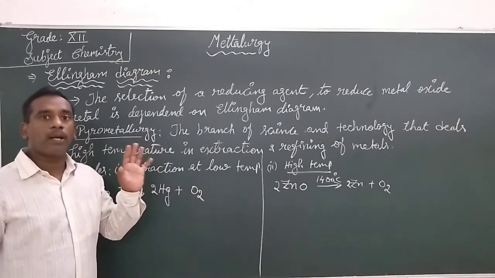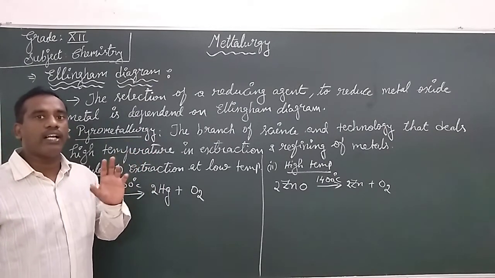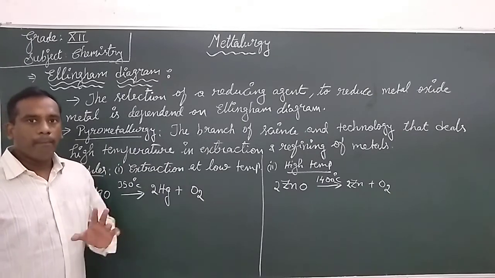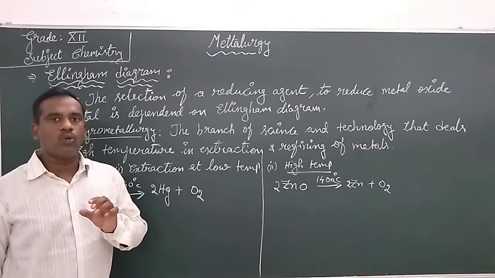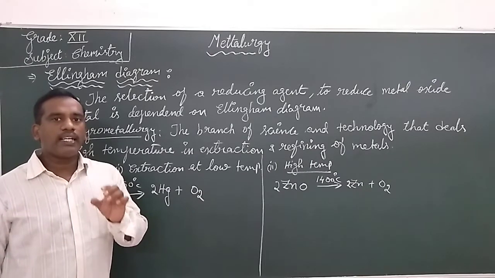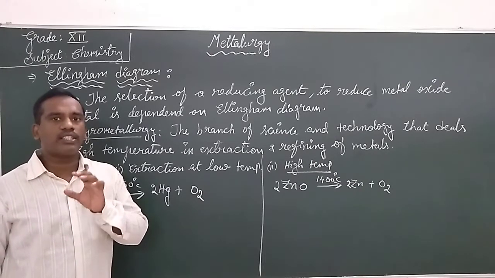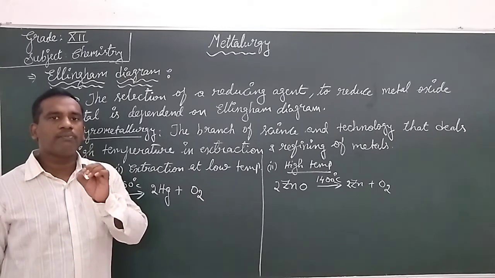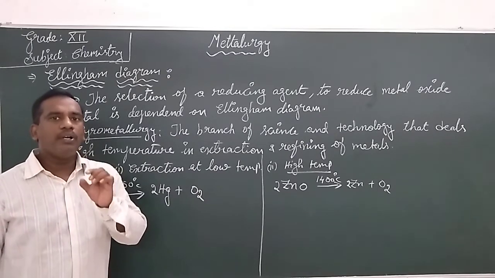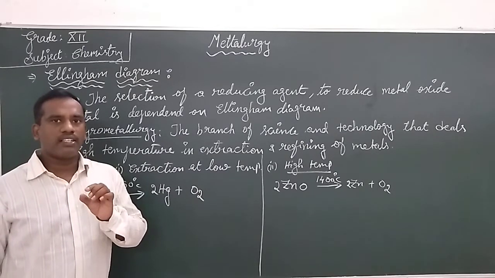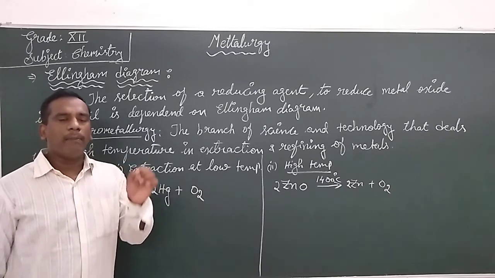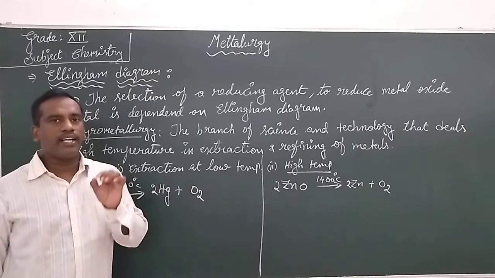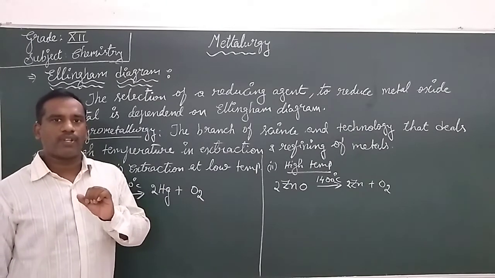What is the purpose of the Ellingham diagram? The purpose of the Ellingham diagram is to understand the nature of the reducing agent, or in simple words, which reducing agent is chosen to reduce the metal oxide to metal. It is the basic principle here.